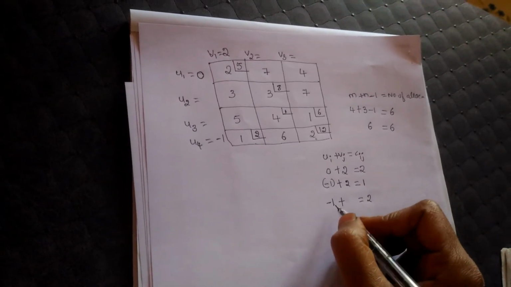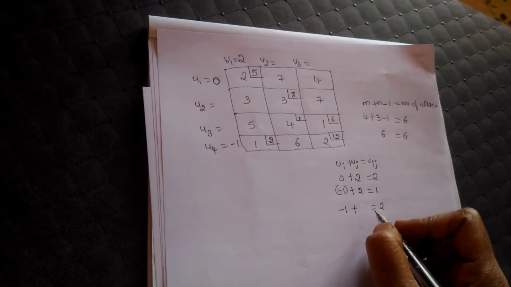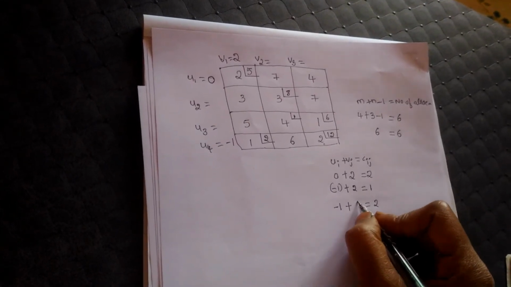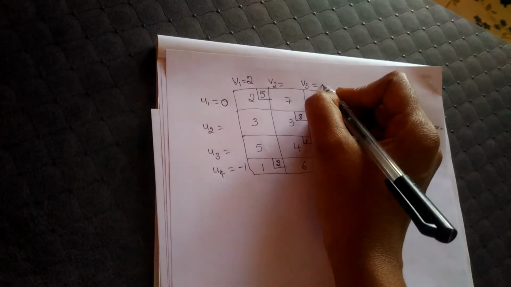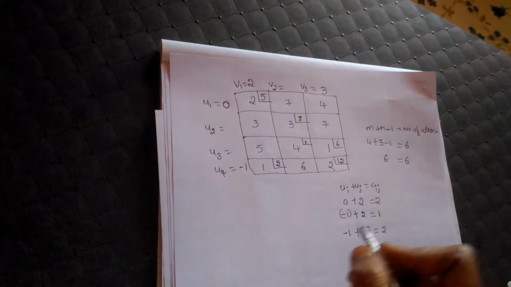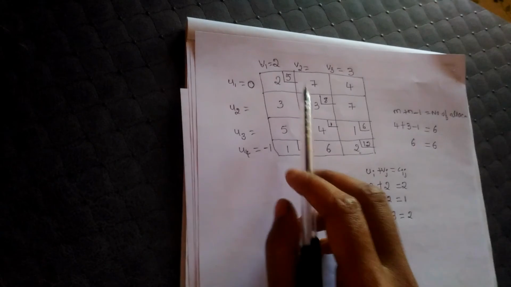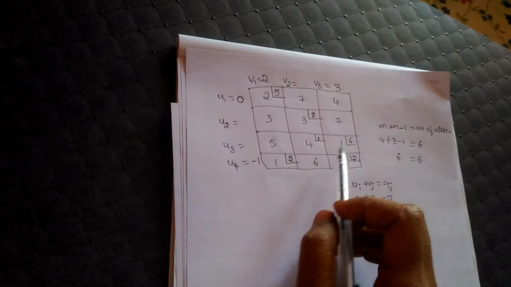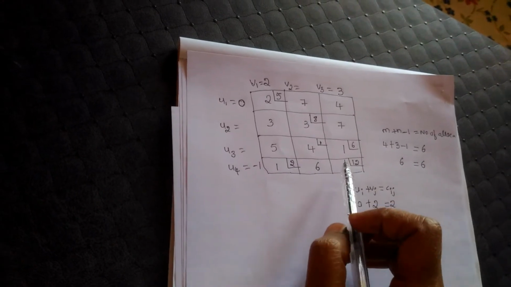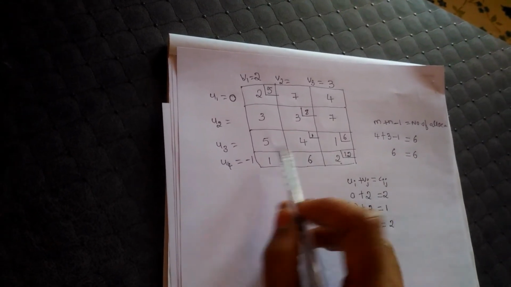So what should I add to minus 1 so that I come up with an answer 2? That is 3. 3 minus 1 will give me 2. So the answer here is 3. Now I found the values of v1, v3, u1 and u4. With the help of these, I would be able to find the value again for u3.